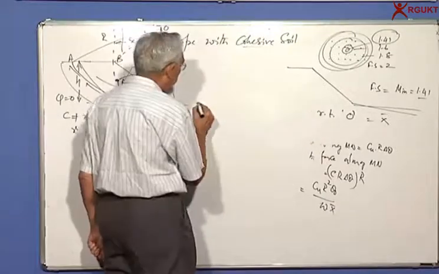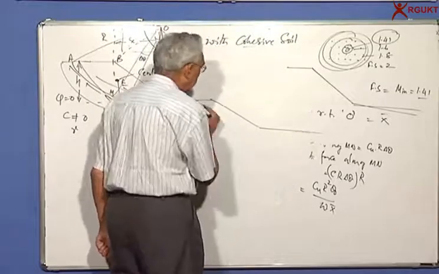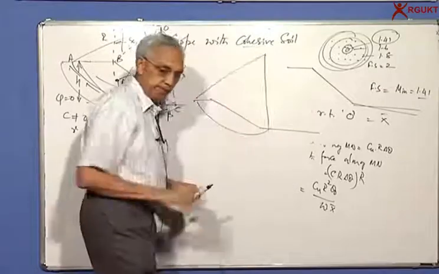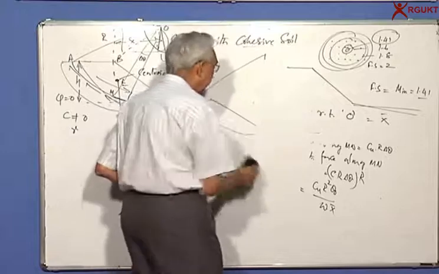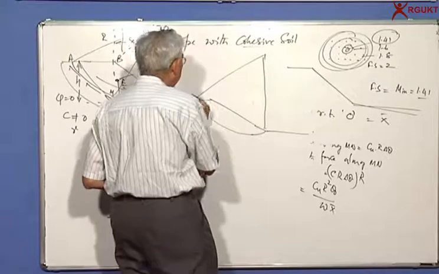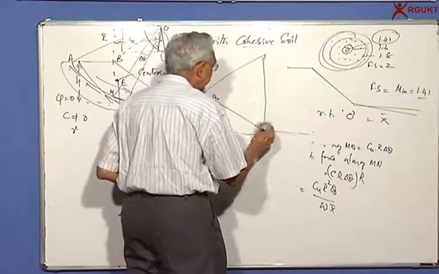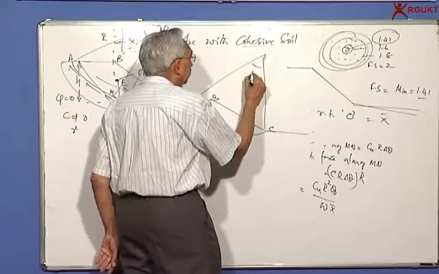So if I now look at the arc here, let's draw the toe failure. We don't want to make it more complicated. A, B, C, and this is equal to theta naught.